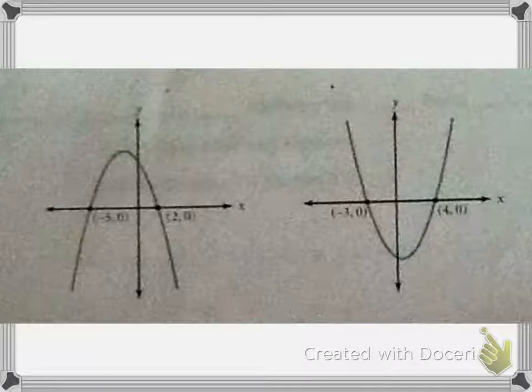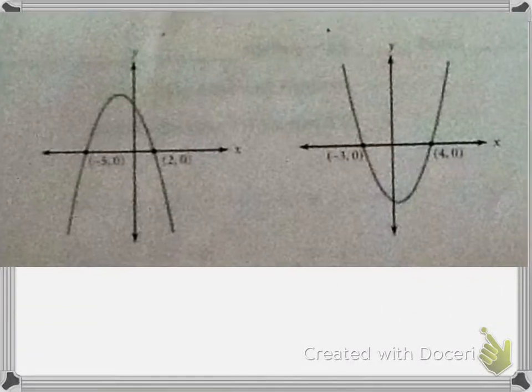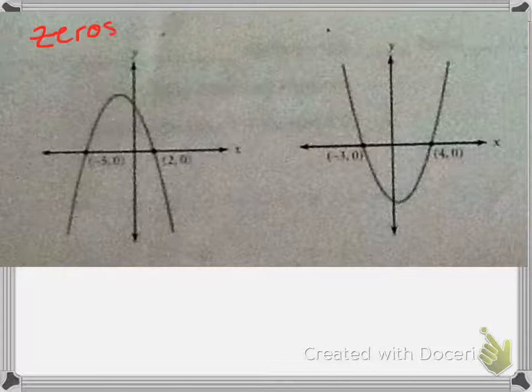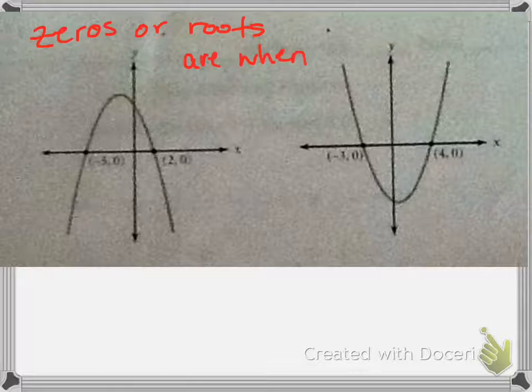So if I have a graph like this, okay, I can find the zeros here. So the zeros, or roots, are, remember, when y equals 0. So where does y equal 0? Here and here.